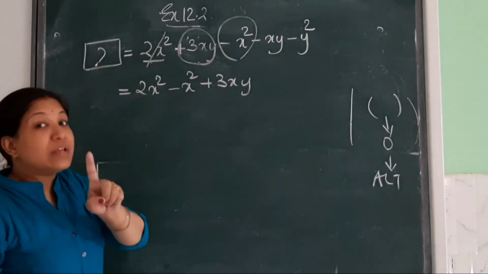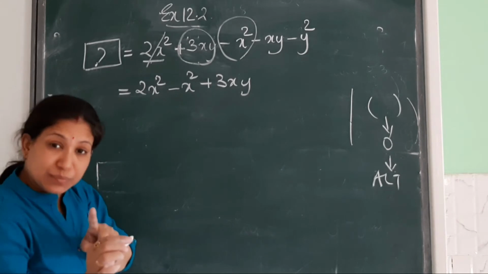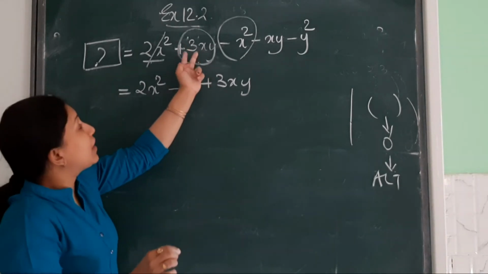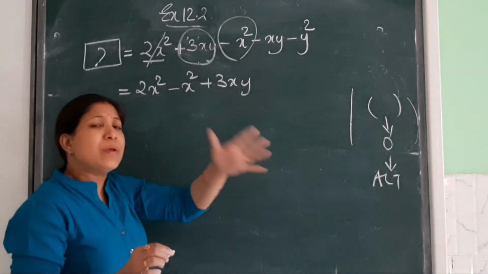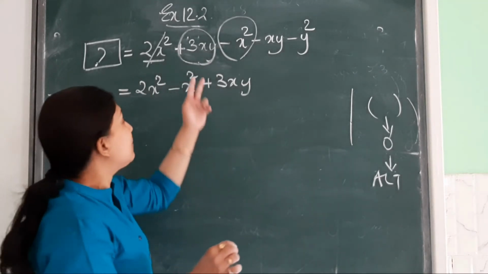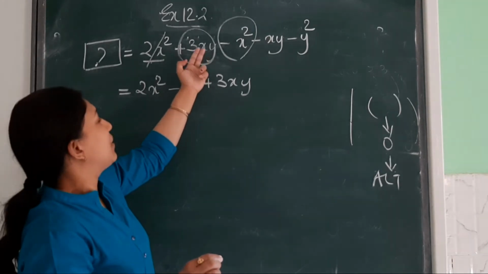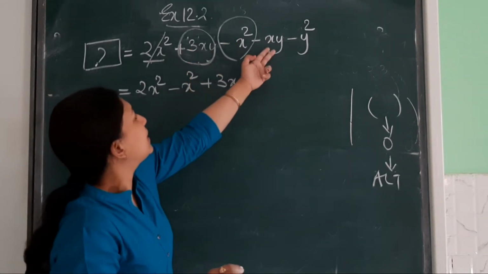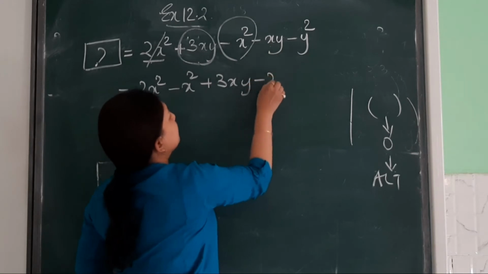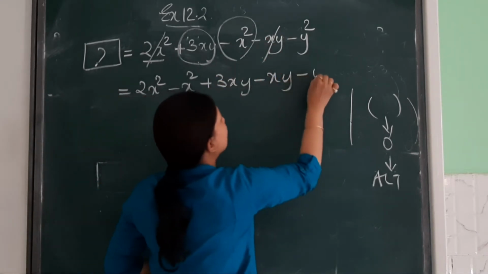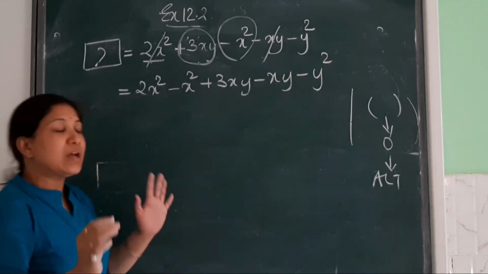See, when we say like terms in an algebraic expression, that means you will focus only on the variables. Variables should be the same. Any number, any sign, doesn't matter. Just find xy, find the family. Take it as a surname. This surname is xy. Any other surname like this? Yes. Mr. minus xy. Done. Now what are you left with? Only y square. Copy it as it is.